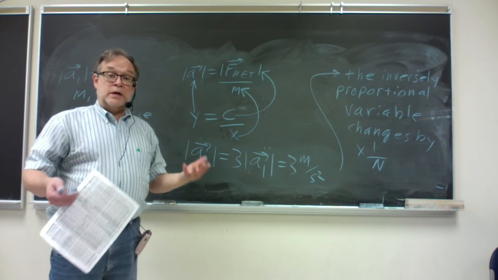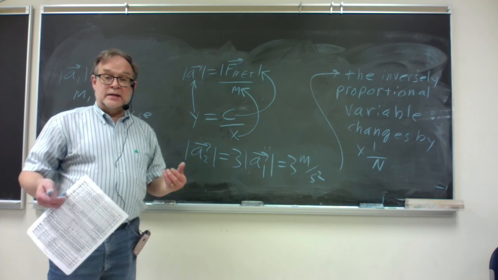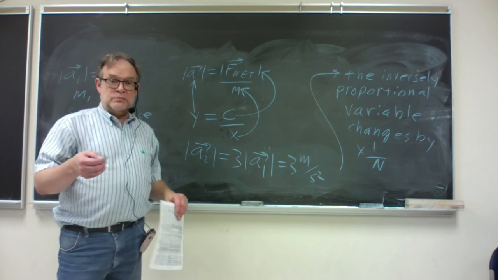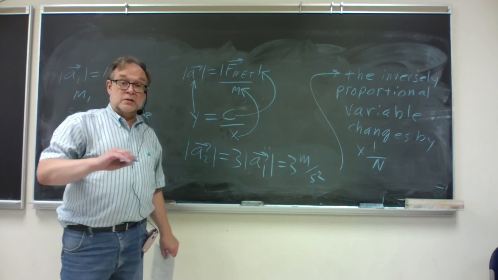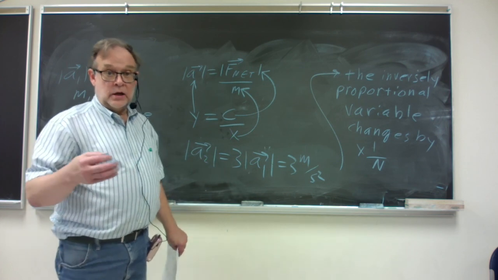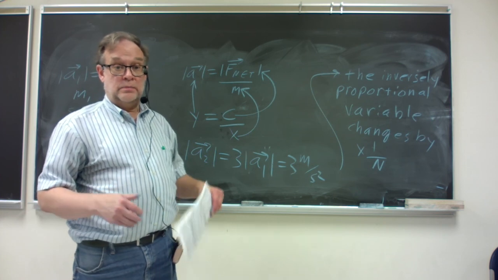So what mass measures is an object's ability to fight against a force. It measures an object's ability to resist being accelerated. And that ability of an object to resist being accelerated we call inertia.